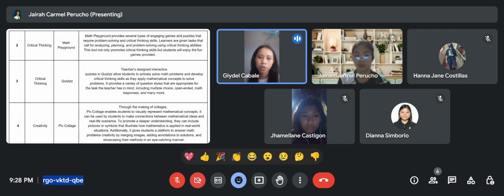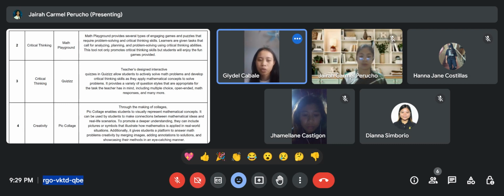Additionally, it gives students a platform to answer math problems creatively by merging images, adding annotations to solutions, and showcasing their methods in an eye-catching manner.